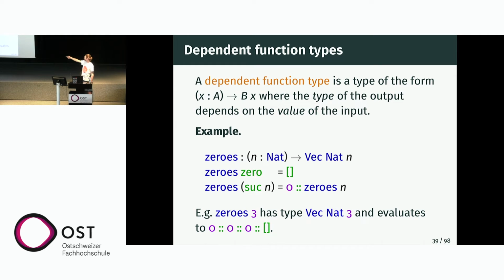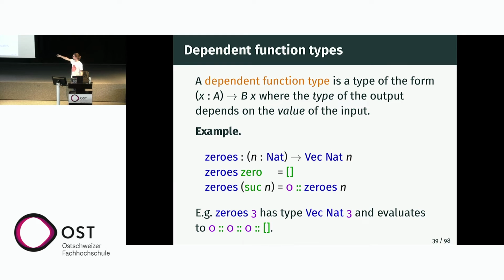So here's one example of that. If you want to initialize a vector with all zeros, we give the length of the vector, and then we return a vector with that n as the length. Well, we pattern match on the number. In the case that it's 0, the type here becomes vector of length 0, so we have to return a vector of length 0, which is the empty vector.